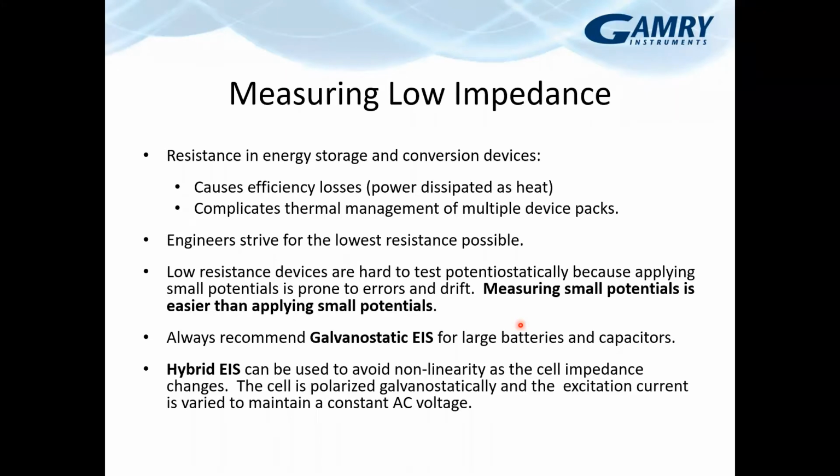And where that transition occurs is sometimes difficult to manage. If your maximum impedance on a system is less than 1 ohm, galvanostatic EIS is probably going to start to be a good idea. But some systems will start out at a relatively low impedance in the milliohm range, but by the time they get down to 1 hertz, that impedance may climb up to 10 ohms.